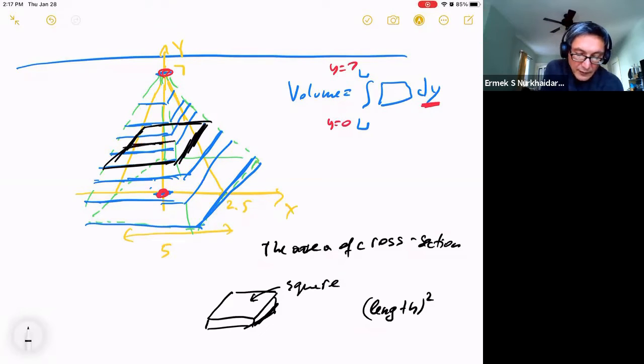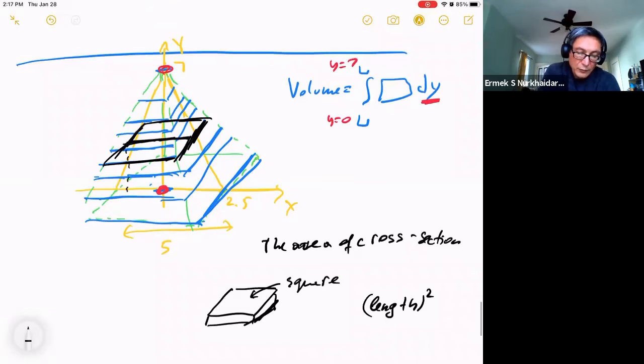The length comes from a projection. Because it's perpendicular to the y-axis, you can project it on the x-axis, and it will be between these two points.